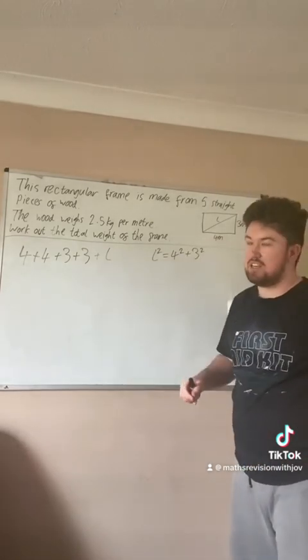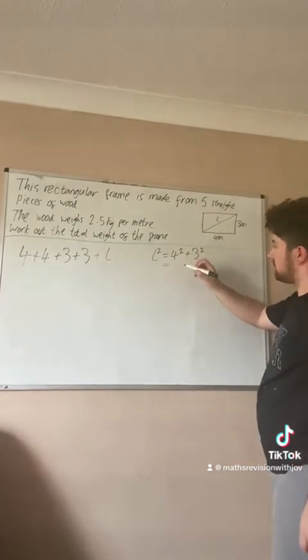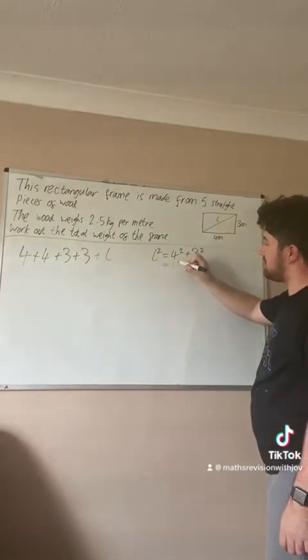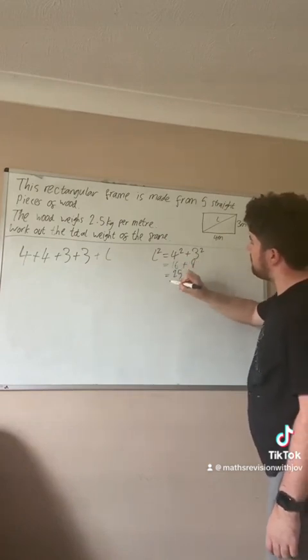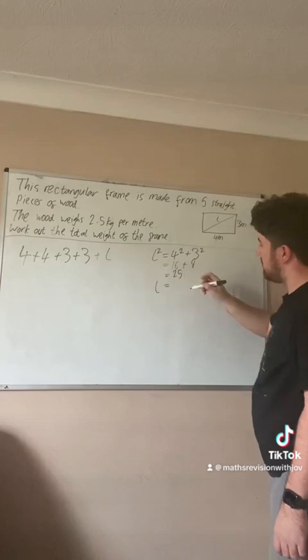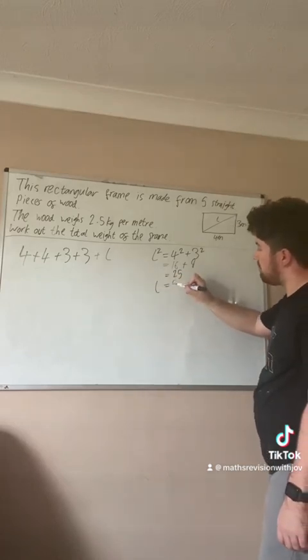We can easily solve for L. L squared is 16 plus 9, which is 25, which means L is the square root of 25, which is 5.